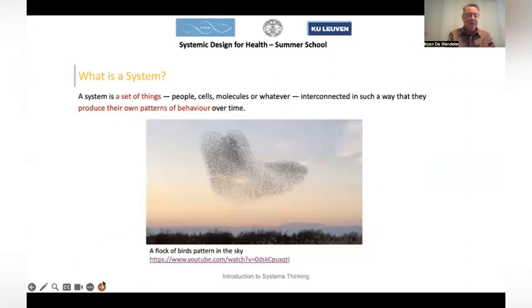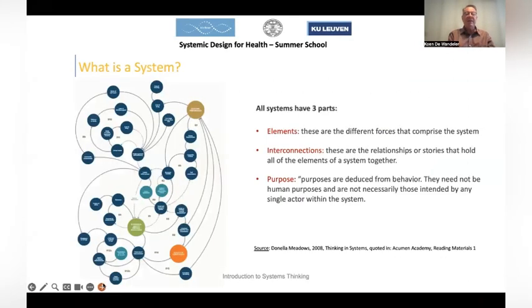So this illustrates that a system always has three parts. It has the elements, the birds in that case. It has the interconnections, the relationships or stories that hold all the elements of that system together, and they have a purpose. And the purpose is deduced from their behavior.